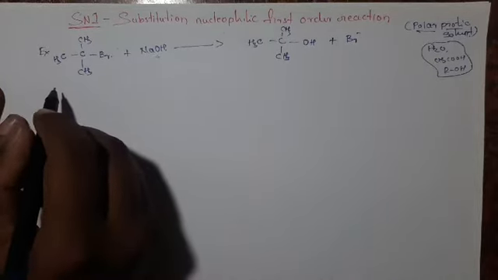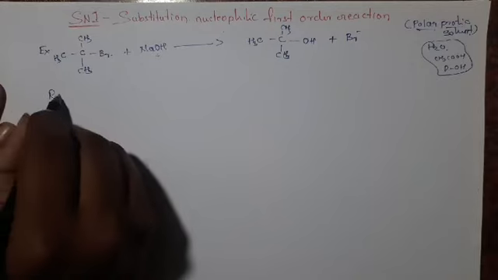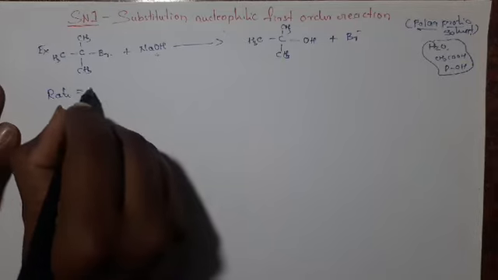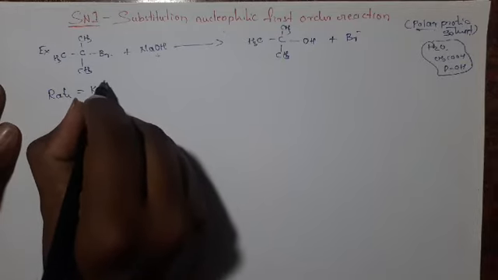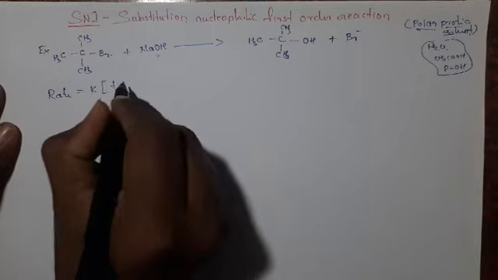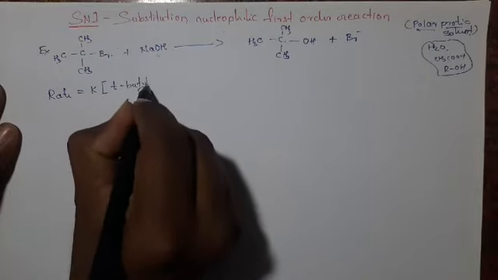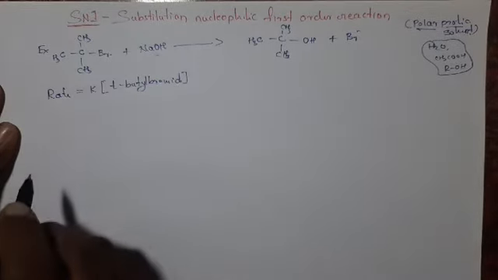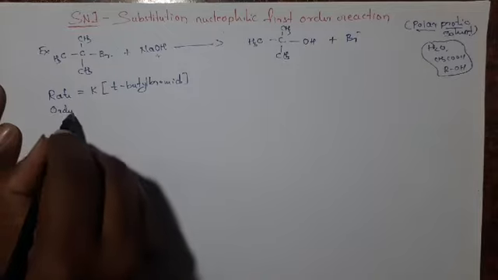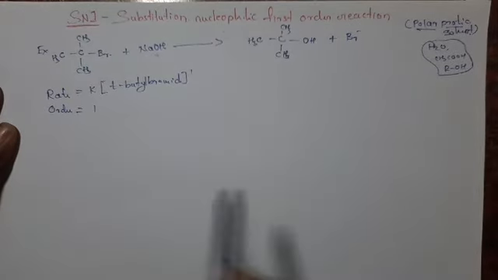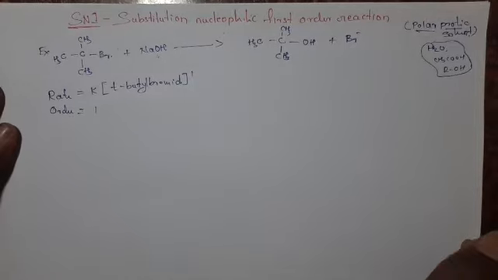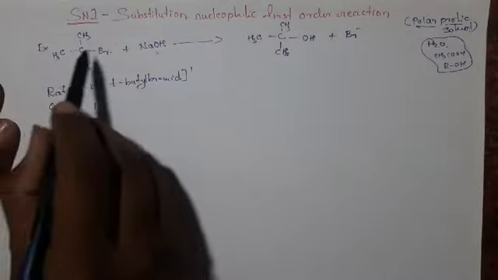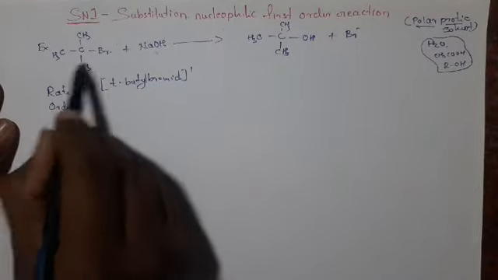Hence, we can write the rate of the reaction as the concentration of tertiary butyl bromide. It only depends on this, so the order becomes 1. This is called the SN1 reaction.